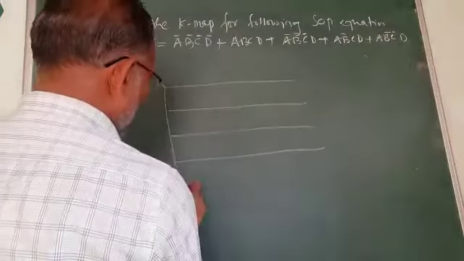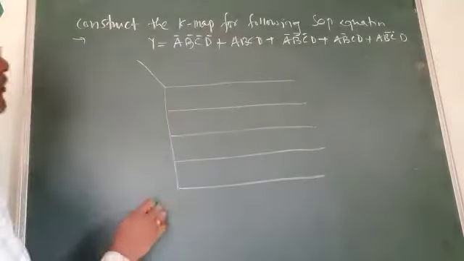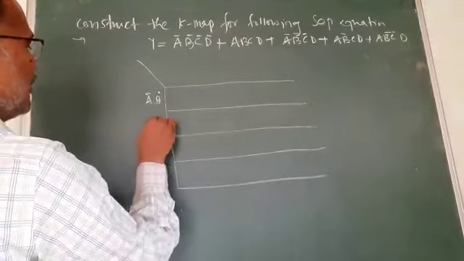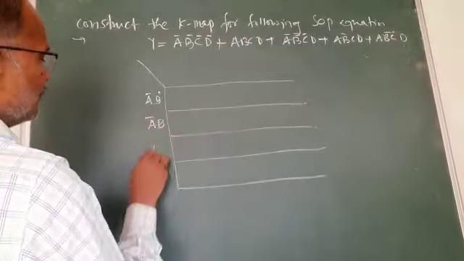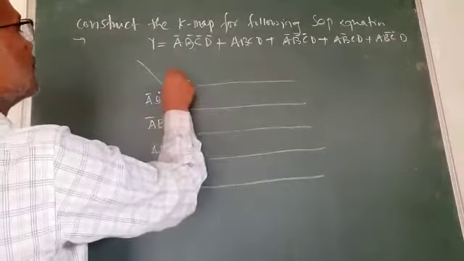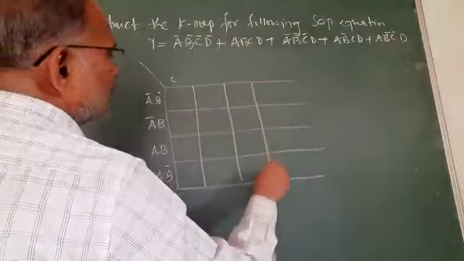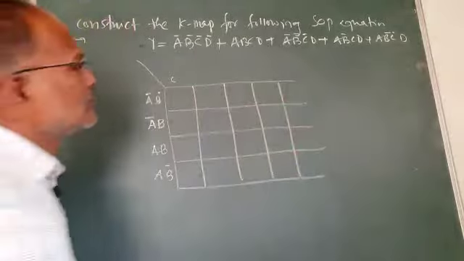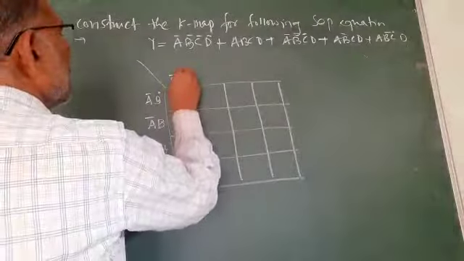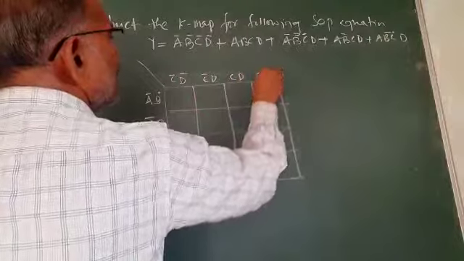A bar, B bar here, A bar B, AB and A B bar, C bar D bar, C bar D, C D, C D bar.